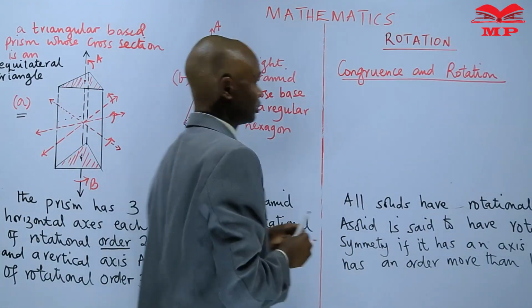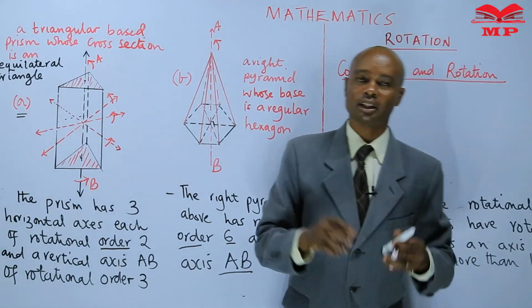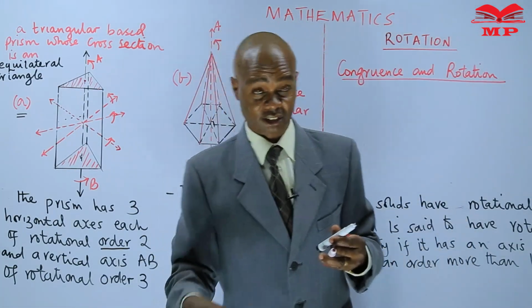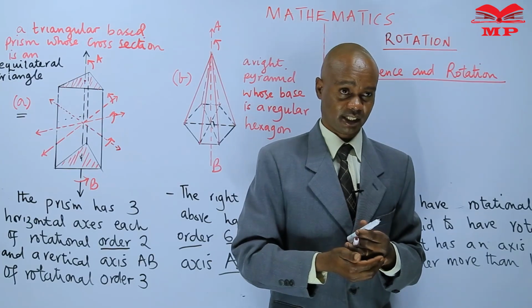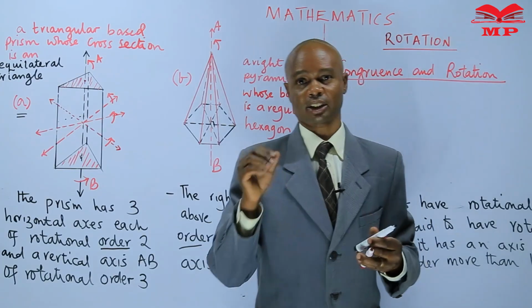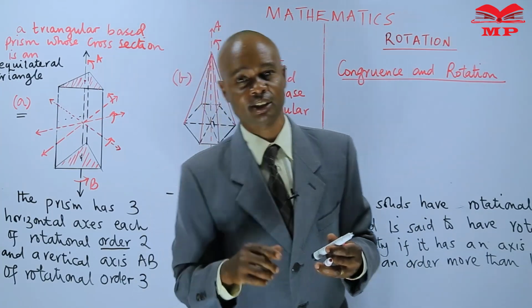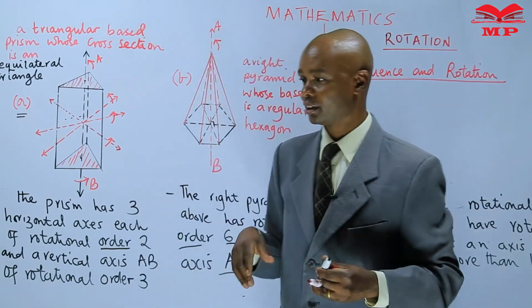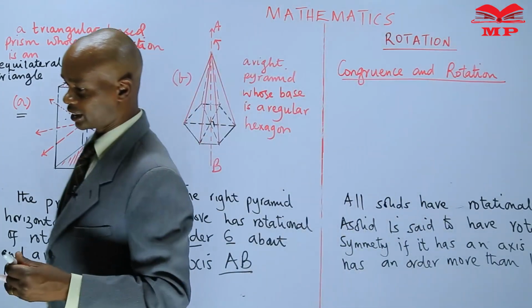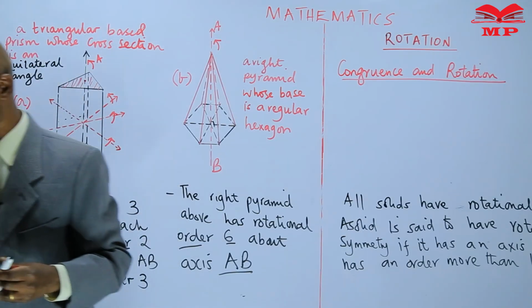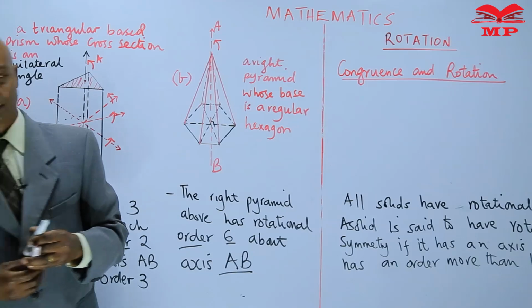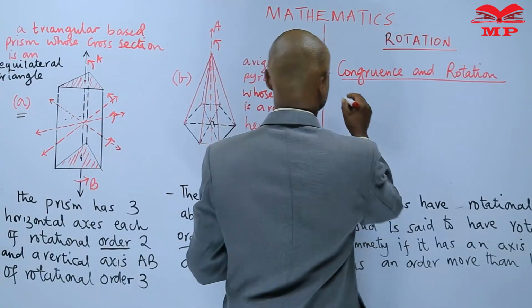In rotation, the lines and the angles are invariant, or they remain the same, which means the size and the shape remain the same.